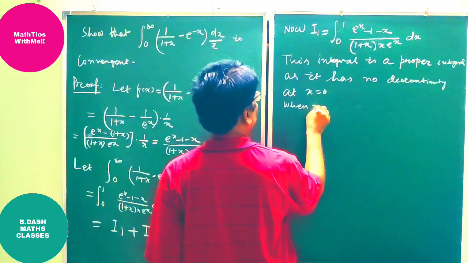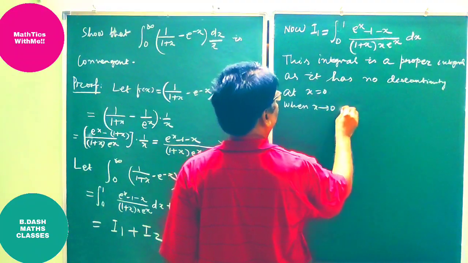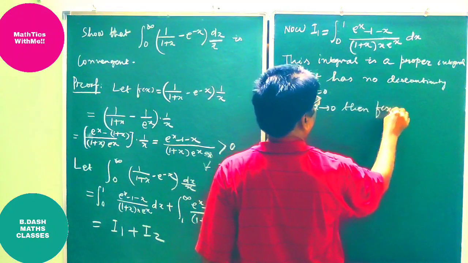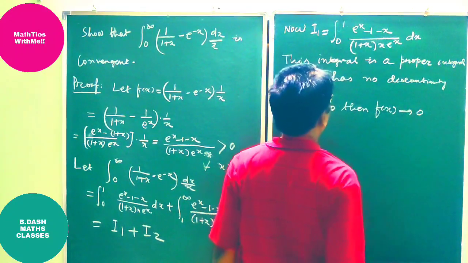When x tends to 0, then f of x tends to 0 here.